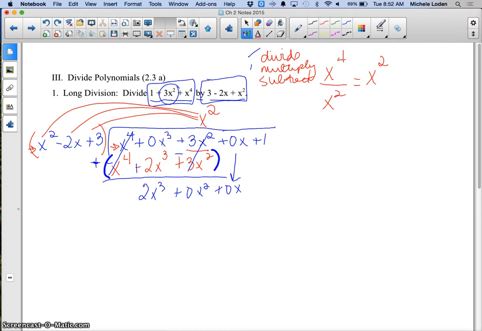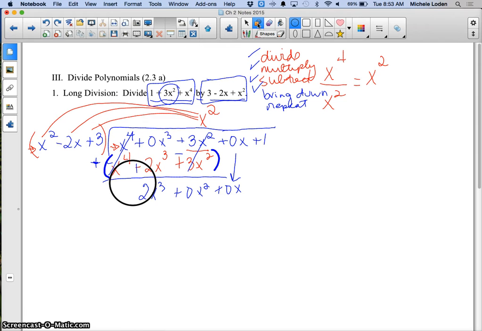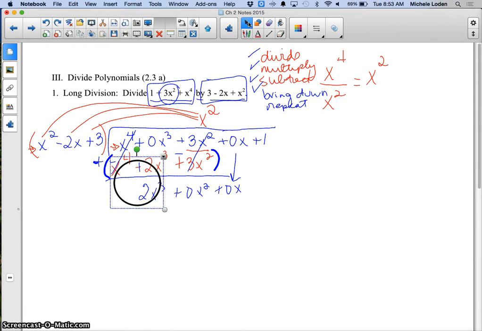We divide, multiply, subtract, bring down, which we just did, and then we repeat this whole process. So we will divide again. What is it we are dividing? You divide the first term on the inside by the first term on the outside.